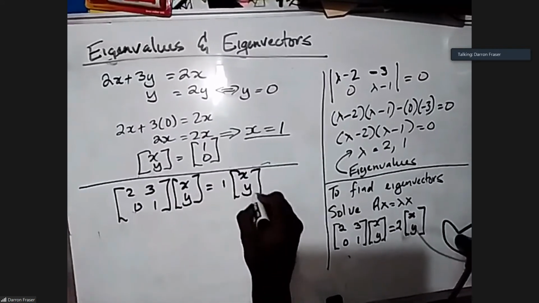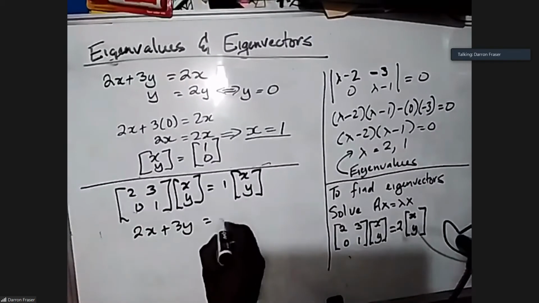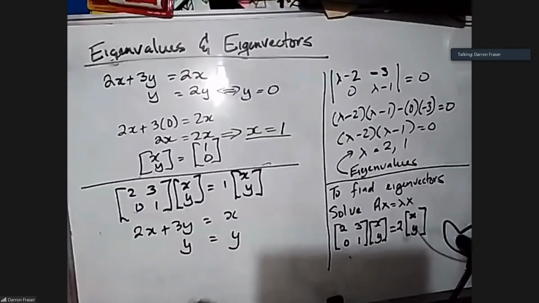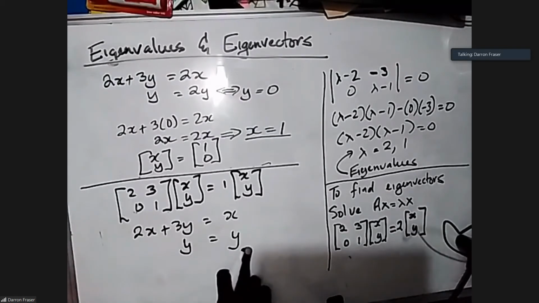So 2x plus 3y is equal to x, and y equals y. Now, this one here is different. It's y equals y, so any value of y that we choose will work.